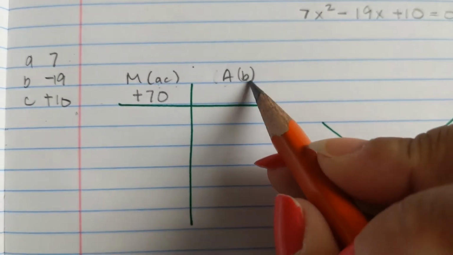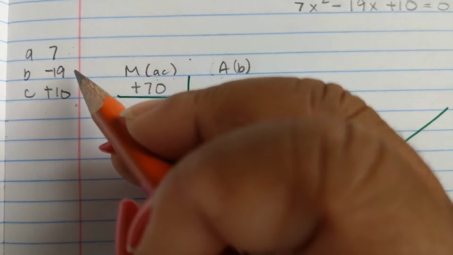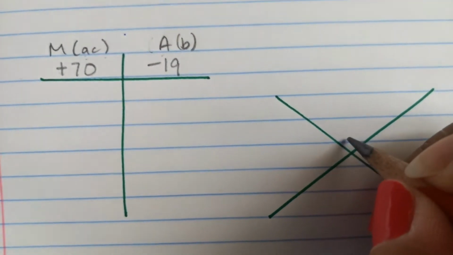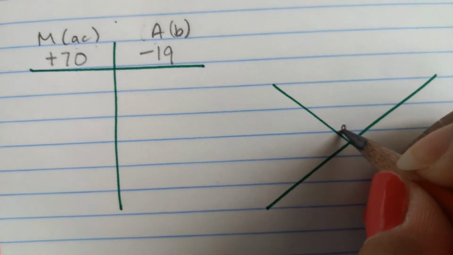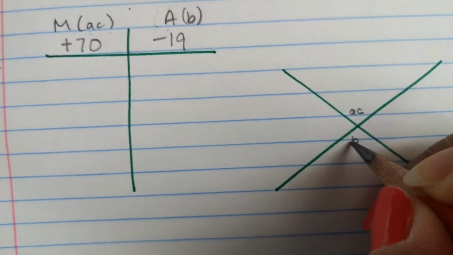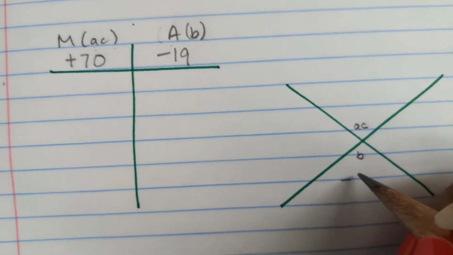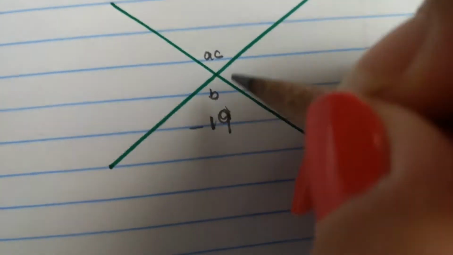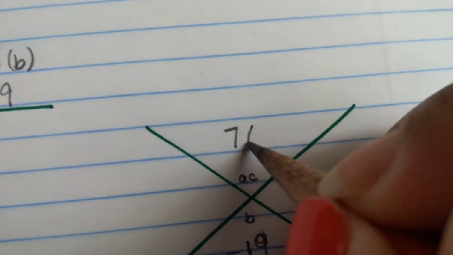My B is negative 19. I'm going to start by putting those values already over here. So this is my A times C value, and this is my B value. So I'm supposed to have a negative 19. And up here I have positive 70.